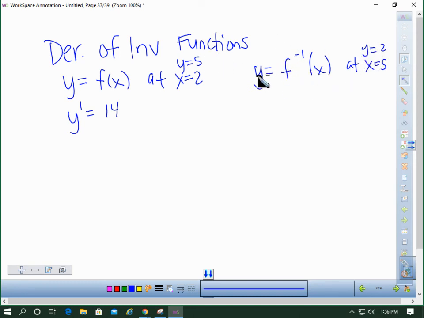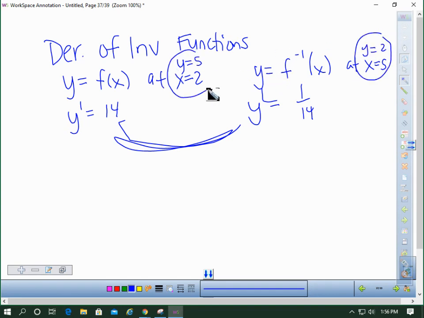So over here, if I've got the inverse function of f, and I'm trying to find the value of its derivative at 5, which is the y coordinate of this one, the relationship we learned is that these derivatives, these answers, are going to be reciprocals of each other. That's what we learned last year: the derivative of the inverse function at the mirror point, remember we talked about the reverse mirror point, the derivatives of the function and its inverse are reciprocals of each other.